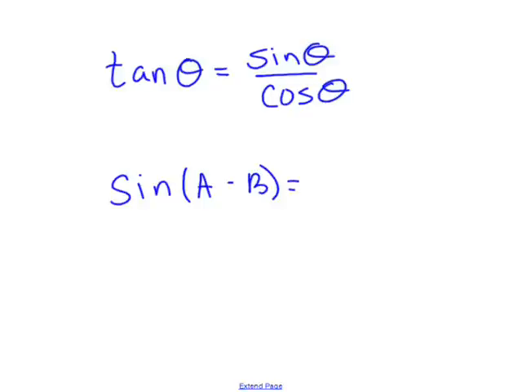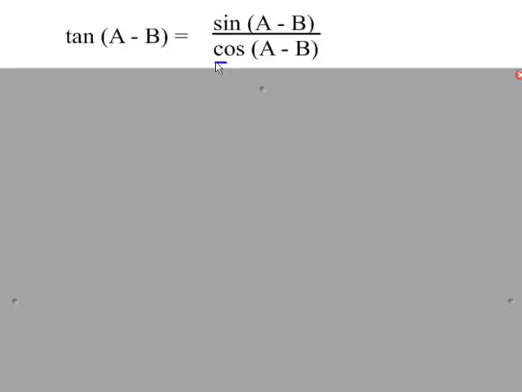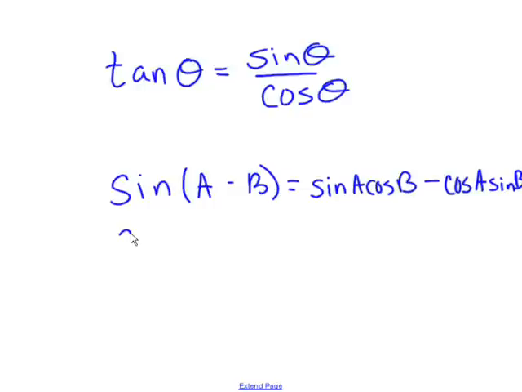So if we have sine of a minus b, we know that's going to be sine of a cosine of b. Remember, sine stays the same, so it should still be minus, and then it's going to be cosine of a sine of b. And then we have to remember cosine of a minus b. So I'll write that back up.